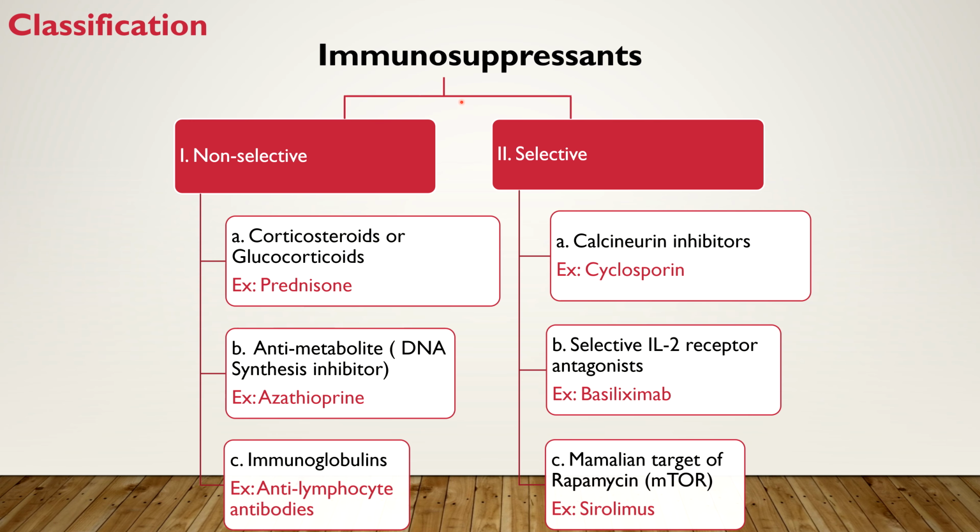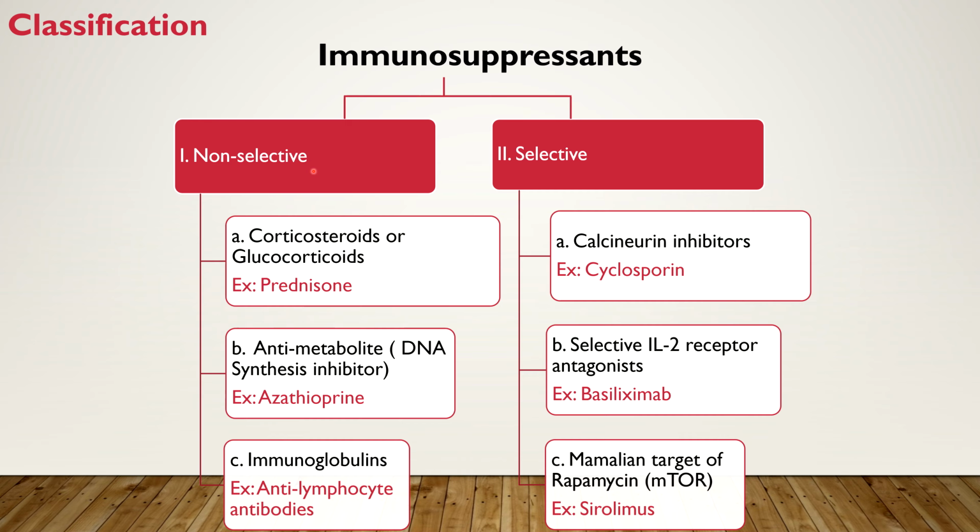These immunosuppressants are mainly classified into two types, non-selective and selective. Non-selective means these are the drugs which don't select any particular target receptor to suppress the immunity. Selective means the drugs will target a particular or specific receptor to suppress the immunity.